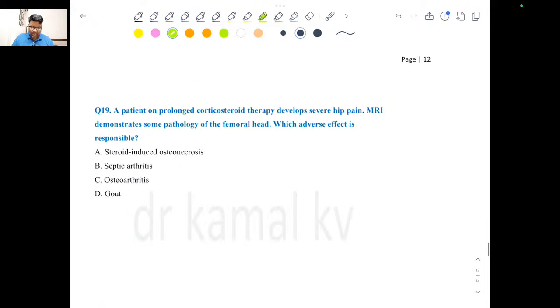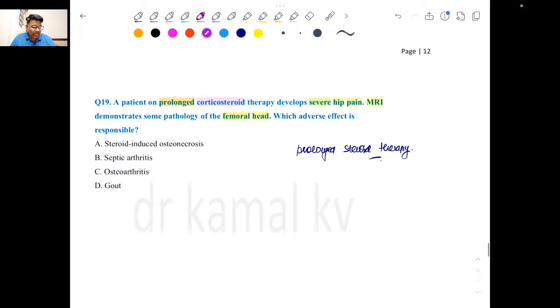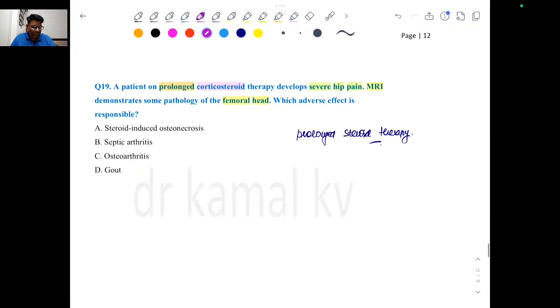Then next question, a patient was on prolonged corticosteroid therapy and now he develops severe hip pain. And when MRI was done, there was some pathology in the femoral head. Now, what might have happened here? So, prolonged steroid therapy, very good Imran, very good Priya.